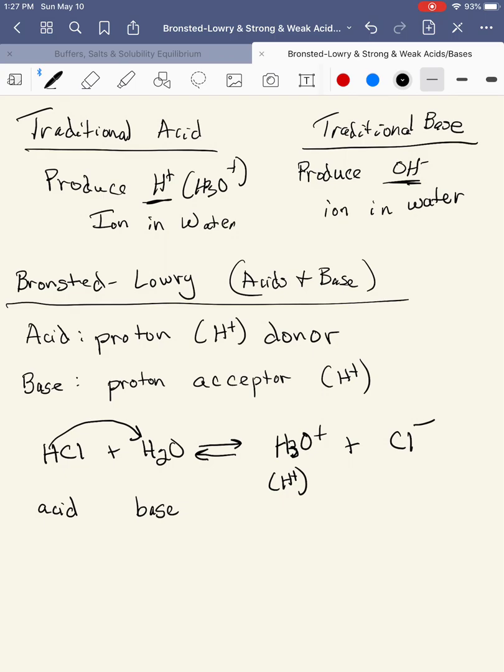And HCl gave up the hydrogen, and what remains is Cl minus. So this would be what's called the conjugate base. And H3O plus would be the conjugate acid. So we would say HCl and Cl minus are a conjugate acid-base pair.